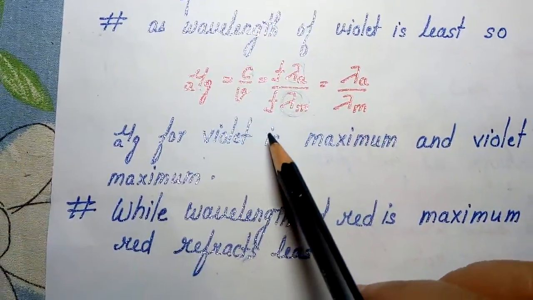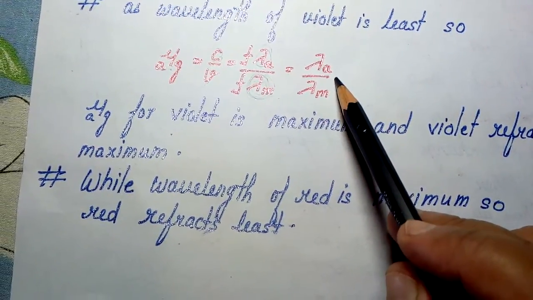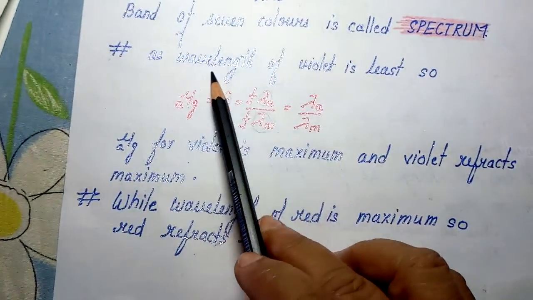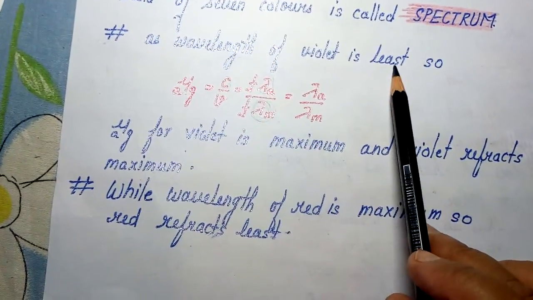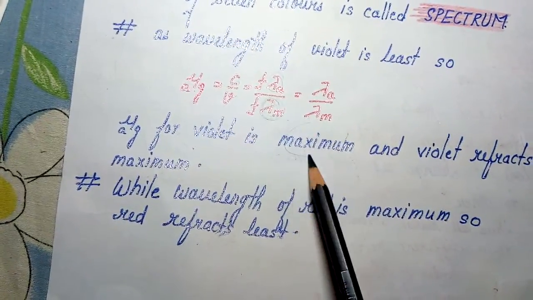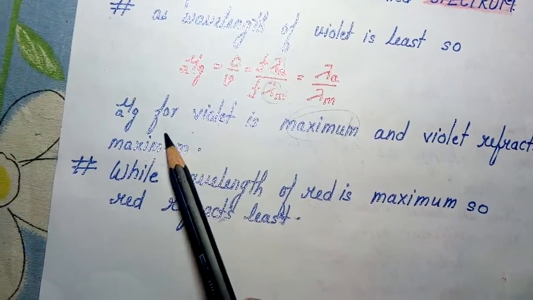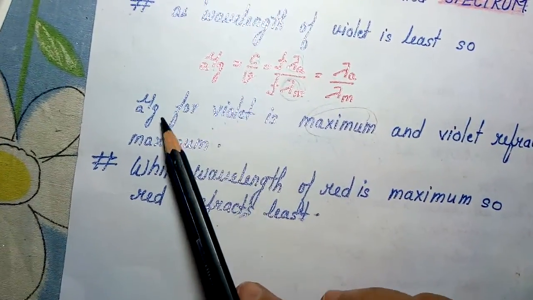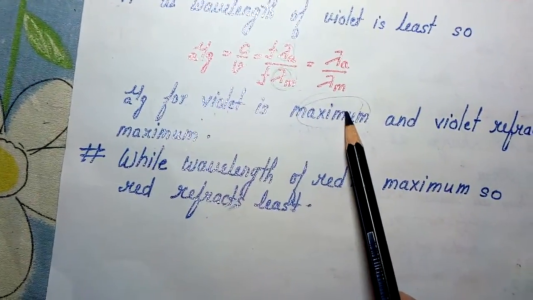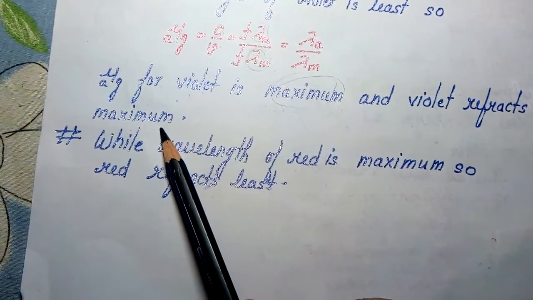Violet has the wavelength minimum. If violet has wavelength least, so refractive index of violet is maximum, and refractive index of glass for violet is maximum, and violet refracts maximum.